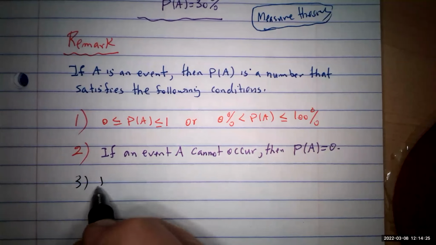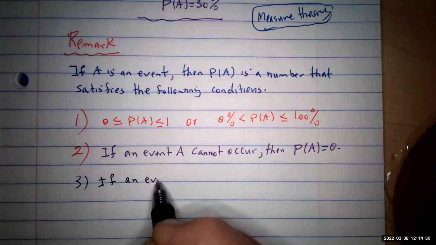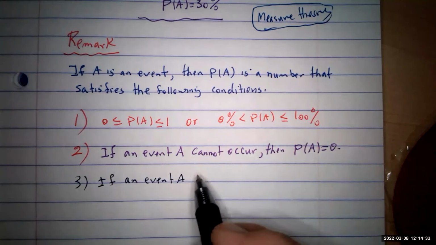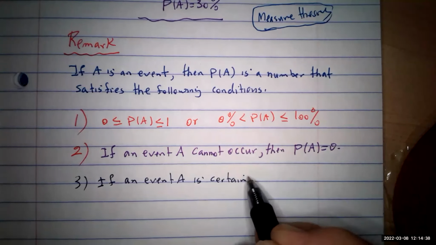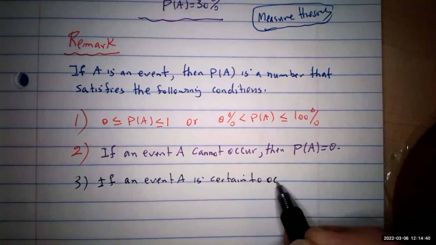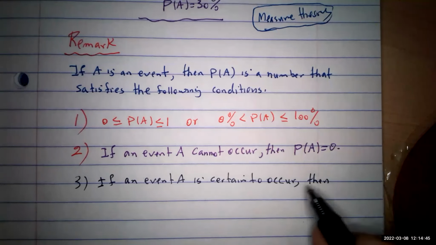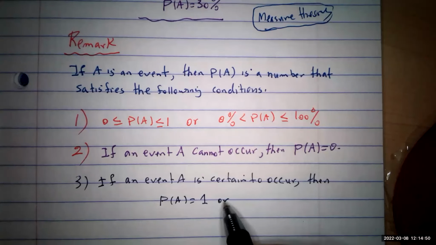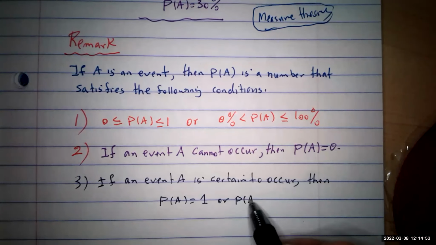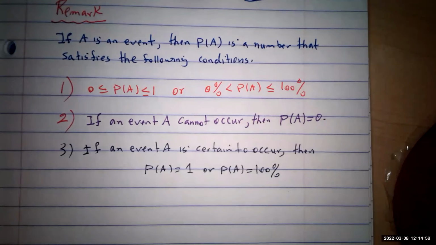So the third one: if an event A is certain to happen, certain to occur, in that case, the probability of that event would be 1 or 100%. So there are cases that you may get 1 or 100%.